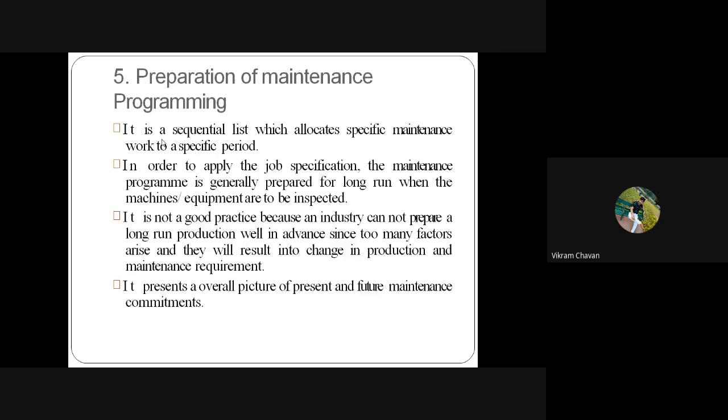But in some cases the production schedule is going to change. Means what? If the job changes, then different maintenance activities are required, so preparing a long run maintenance program is avoided by the maintenance department. It is a sequential list which allocates specific maintenance work to a specific period.